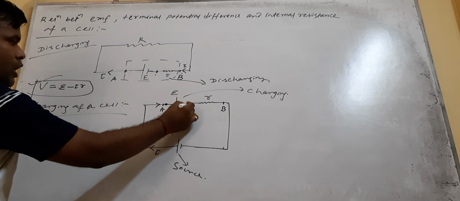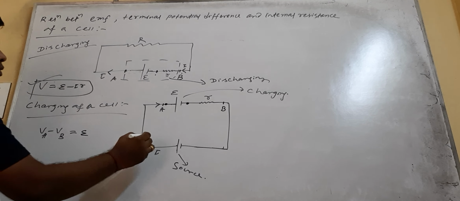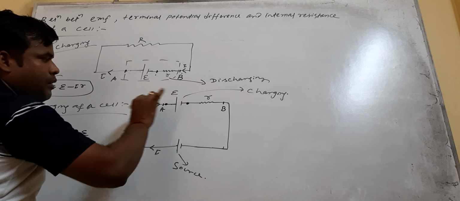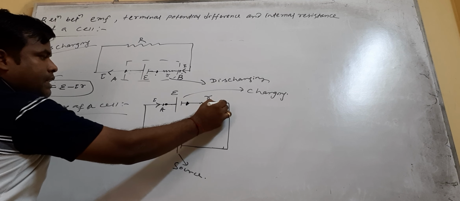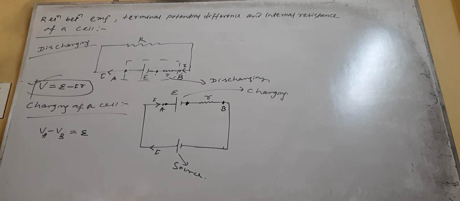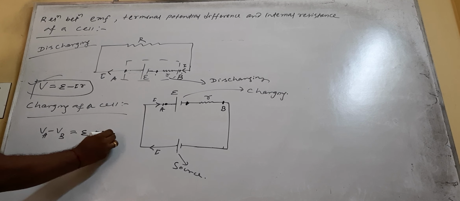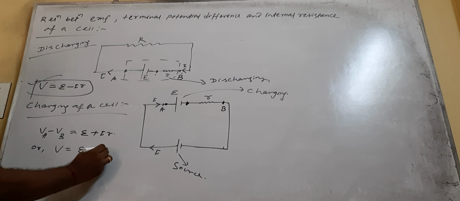So higher minus lower is positive, that is plus E. And you see current I is flowing in this direction. So definitely this potential is higher and this potential is lower. So higher minus lower is positive, that means plus Ir, or V = E + Ir.